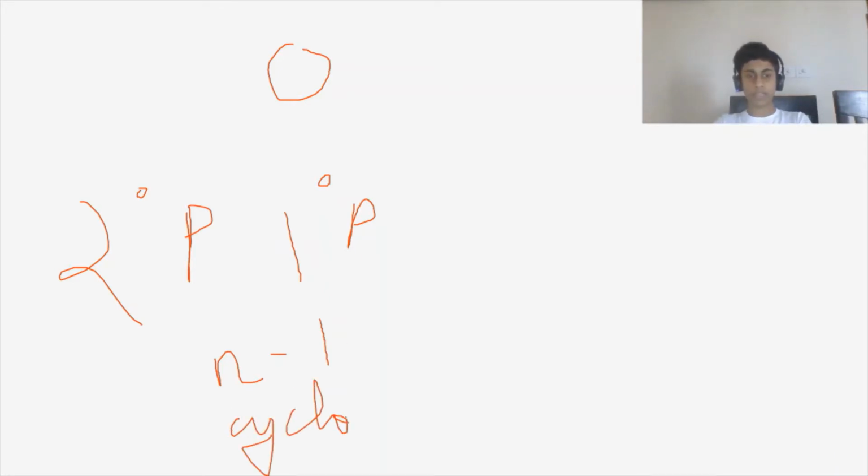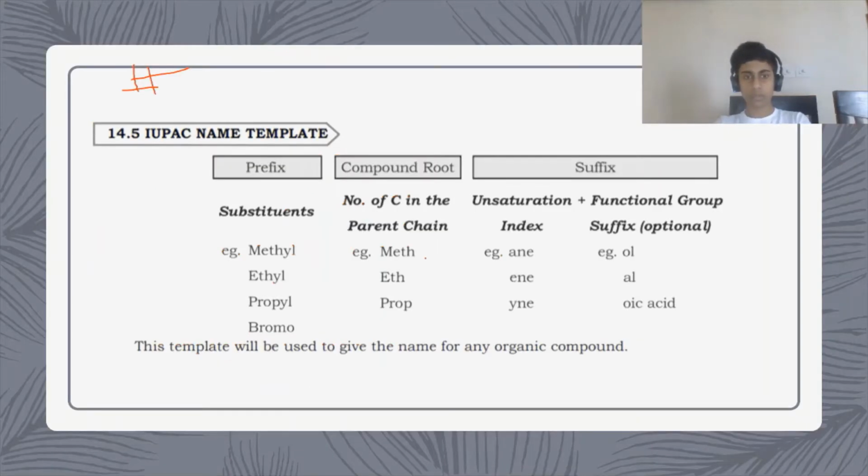We'll be looking at only these two now, but we do have other prefixes like spiro and bicyclo. The word root, or the compound root, is just the number of carbon atoms in the parent chain, like we saw in the previous slide. So we have meth, eth, prop, and so on.